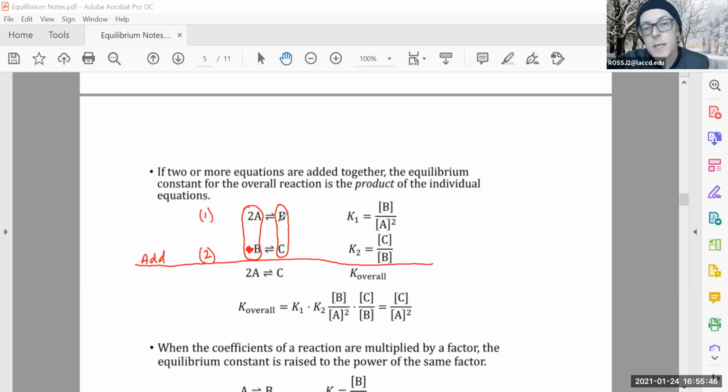However, I've got an intermediate, so I could cancel B and B out here, so I'm just left with a net expression, which is 2 lots of A to give C. So overall, if I add equations, I take the product of the equilibrium constants.